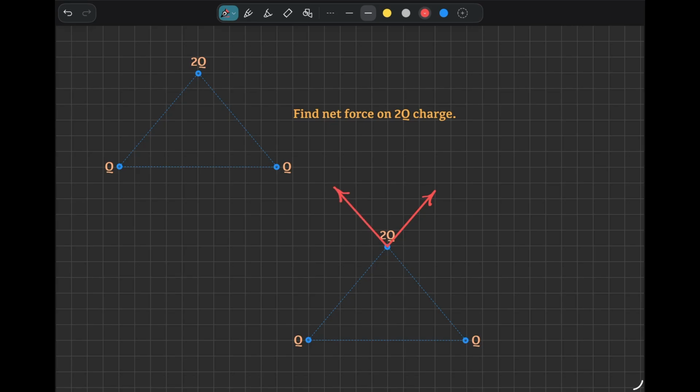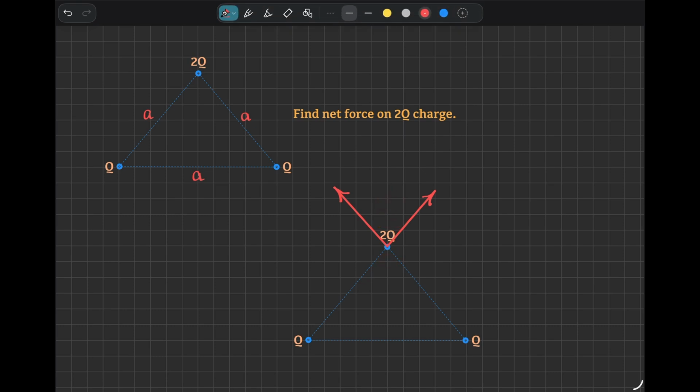Here they have not given it, but I am taking the triangle as equilateral, each side a. So if each side is a, then this angle will be 60 degree. Hence, as this is 60, this angle will also be 60 degree.